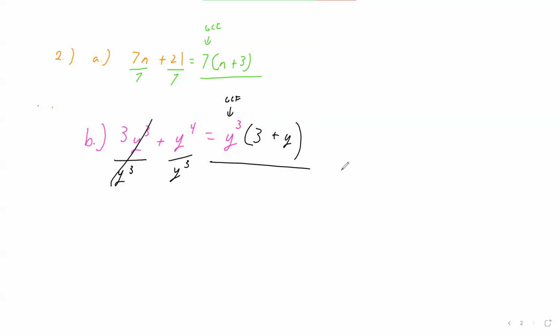All right. Let's try another one. 9x plus 54x squared.